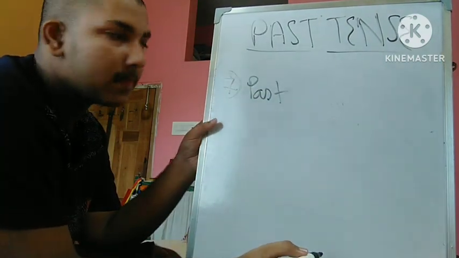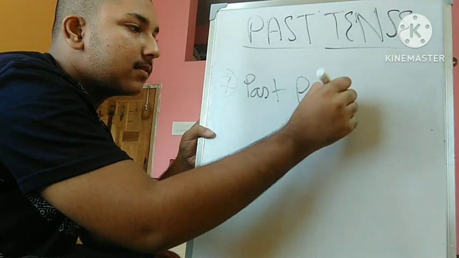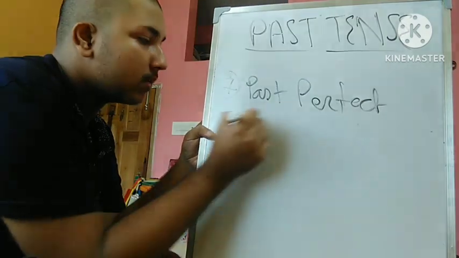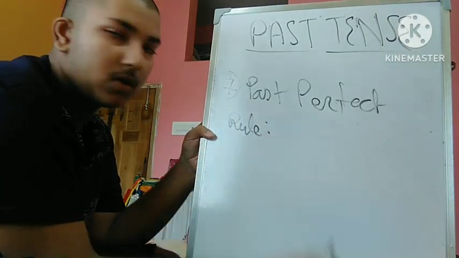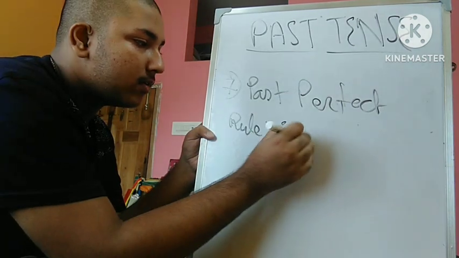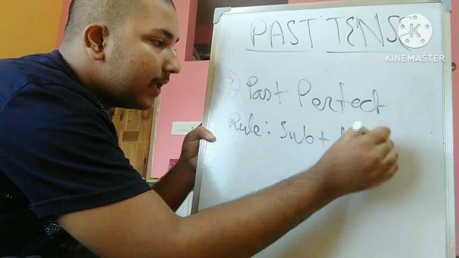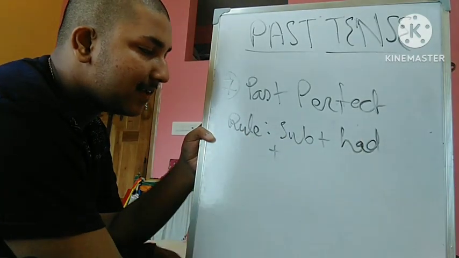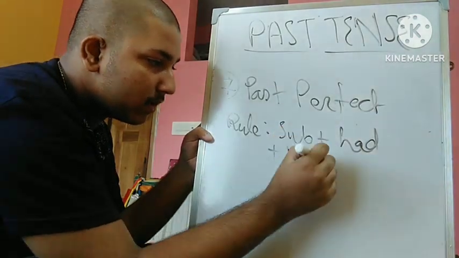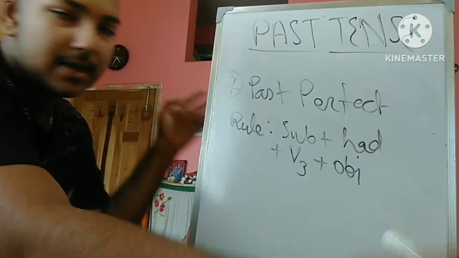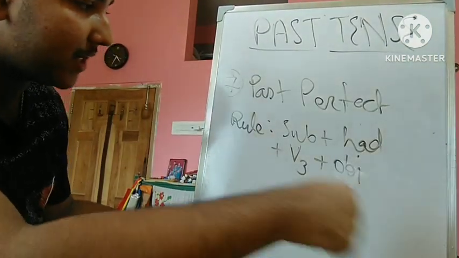Past perfect. Rule is subject plus had plus V3 plus object.